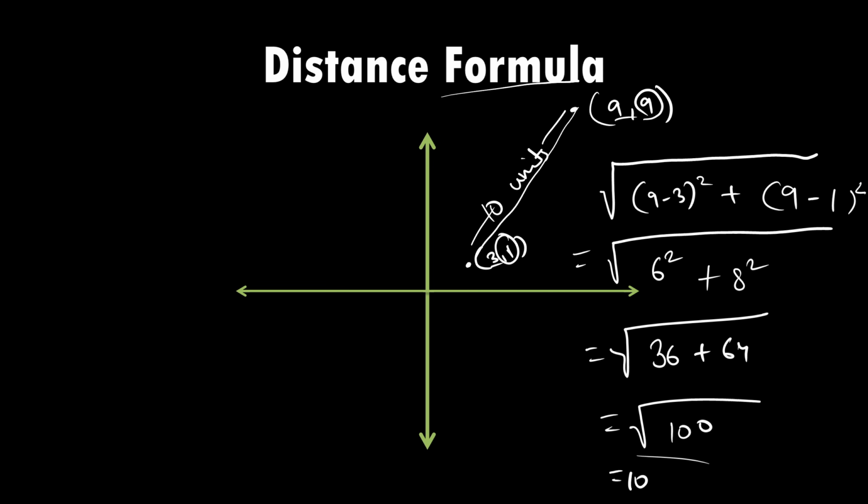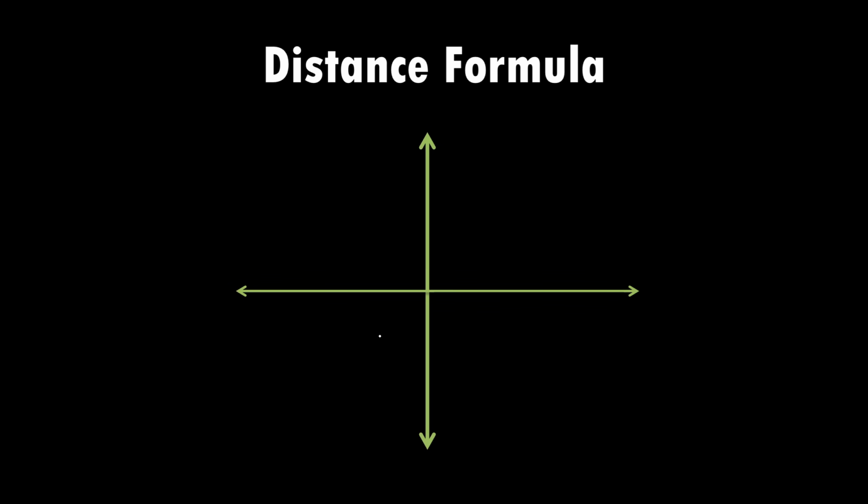By using this distance formula, we can find the distance between any points. Now we are going to do another example which includes negative coordinates as well. Let us imagine that we have one point (-1, -1) and the other is (5, 7).